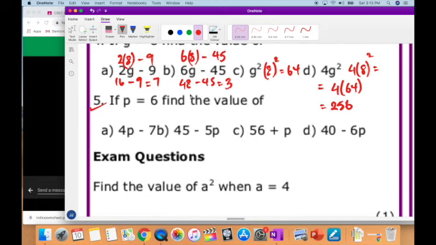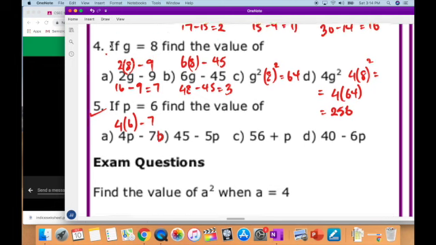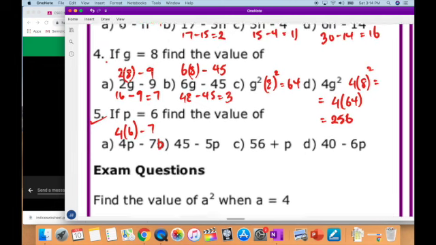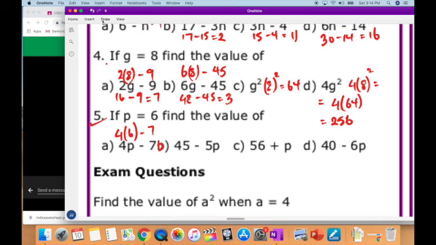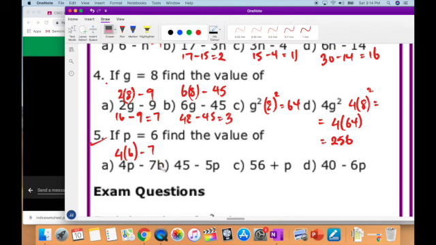Yeah. Alright, number 5, real quick. 4 bracket 6 minus 7. This one. 4 in brackets 6 minus 7. So it's just 7. That B was so close there. It's badly written. So we'll get rid of that B. So 6 4s are 24.